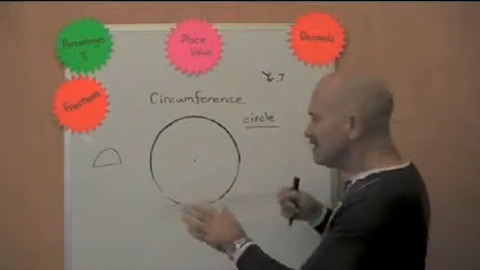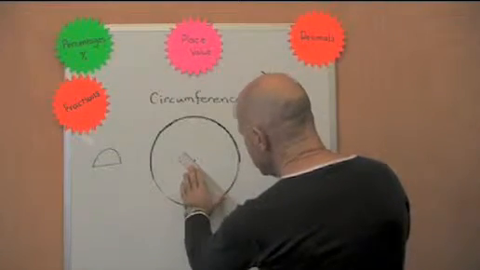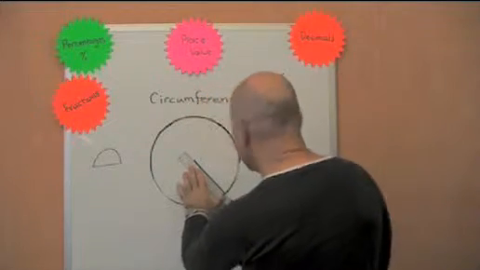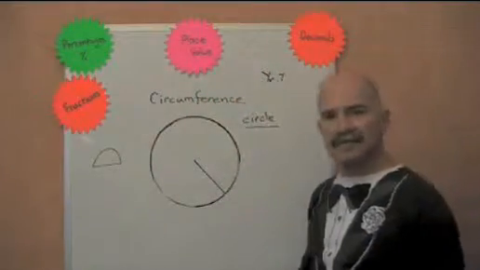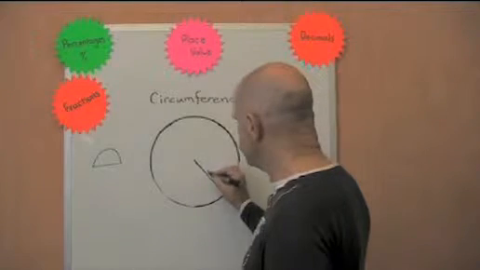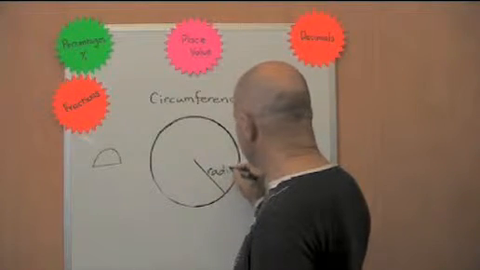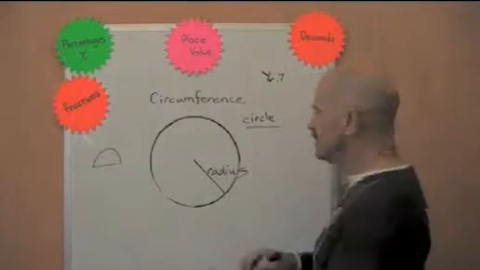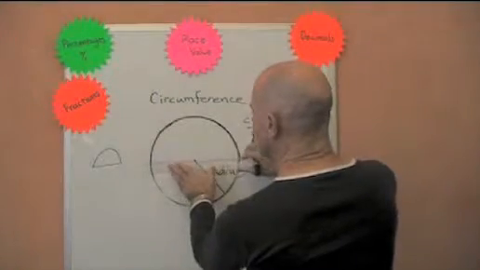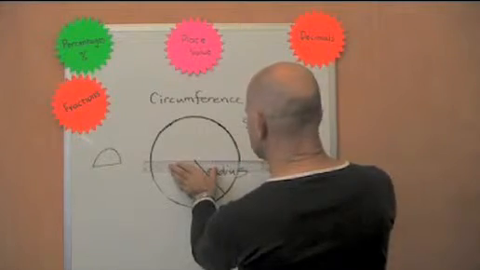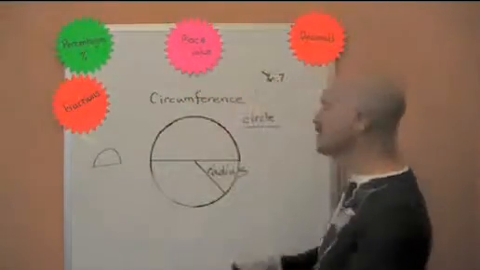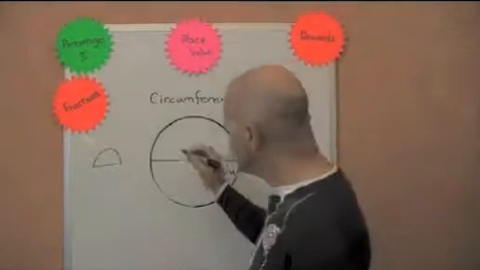Now, from the middle to the edge of the circle, that is called the radius. R-A-D-I-U-S. Radius. And if the line goes from one side of the circle to the other, through the middle, it's the diameter.